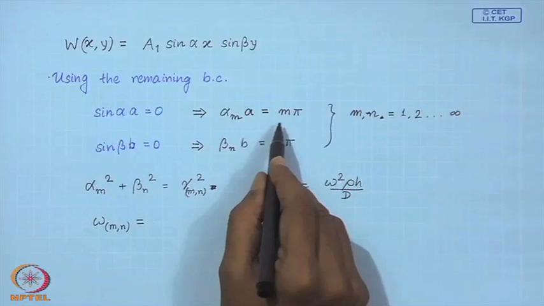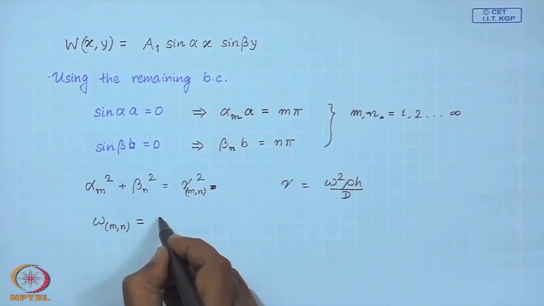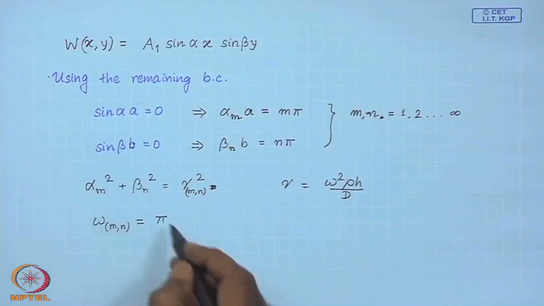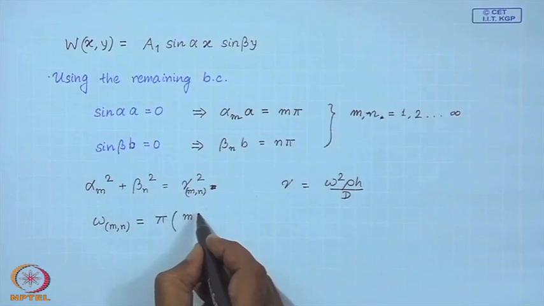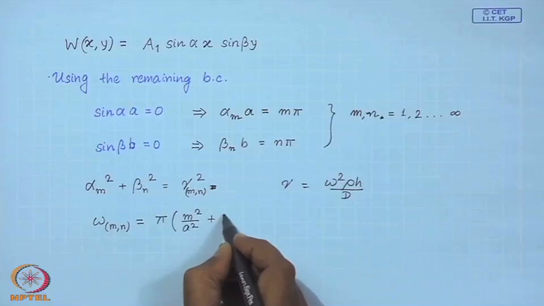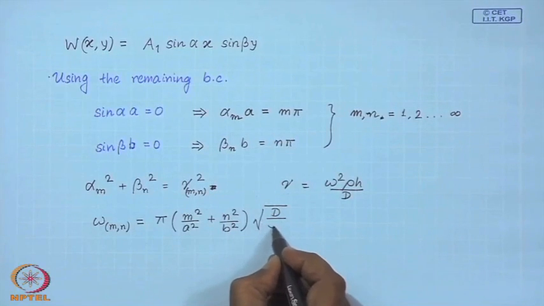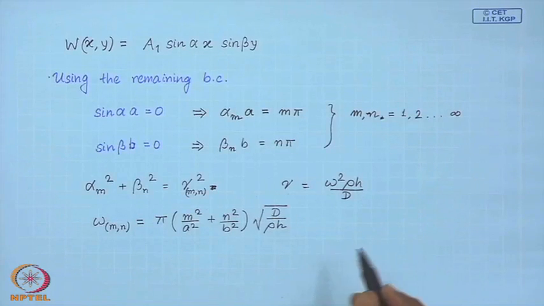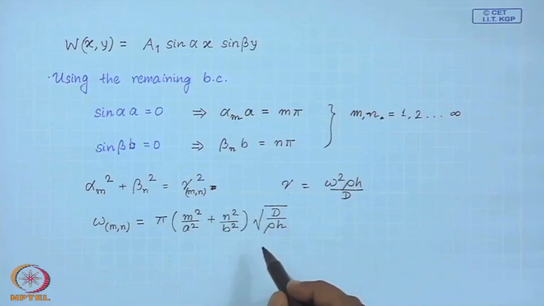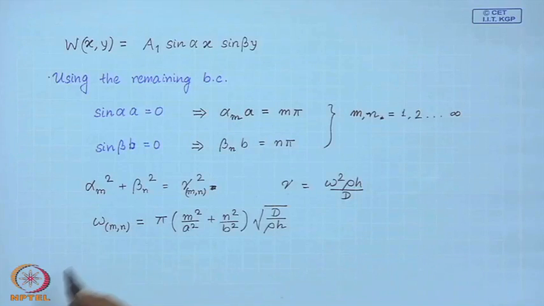If I now use these expressions of alpha m and beta n, so this is m pi over a and so that is what we are going to obtain.